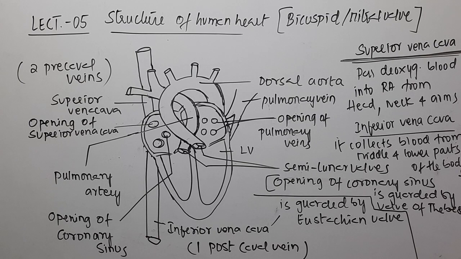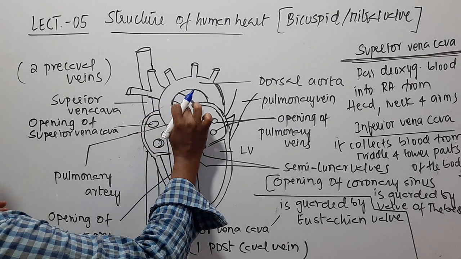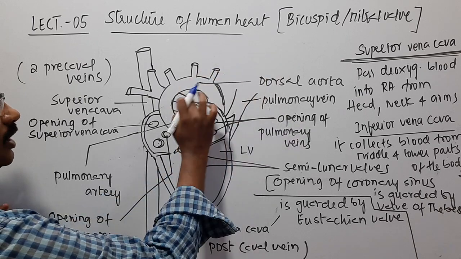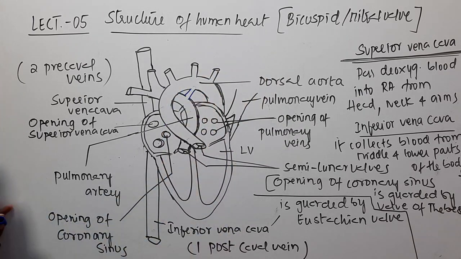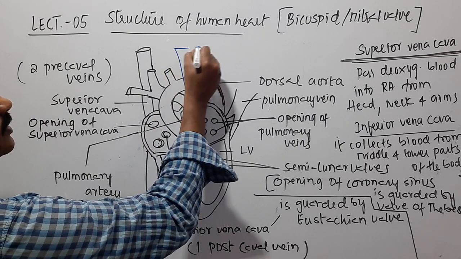Next, during embryonic stages, this pulmonary artery and the aorta are linked by a short blood vessel, and this is called Ductus Arteriosus.